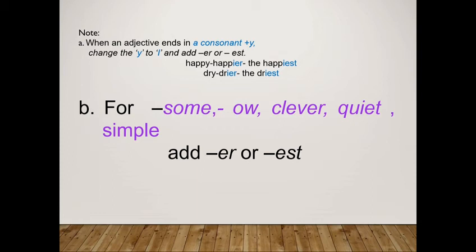Alright, for the next exception in comparison, okay, there are some words which have some at the end of the word and then o at the end of the word. Okay, and then the words clever, quiet, and simple.